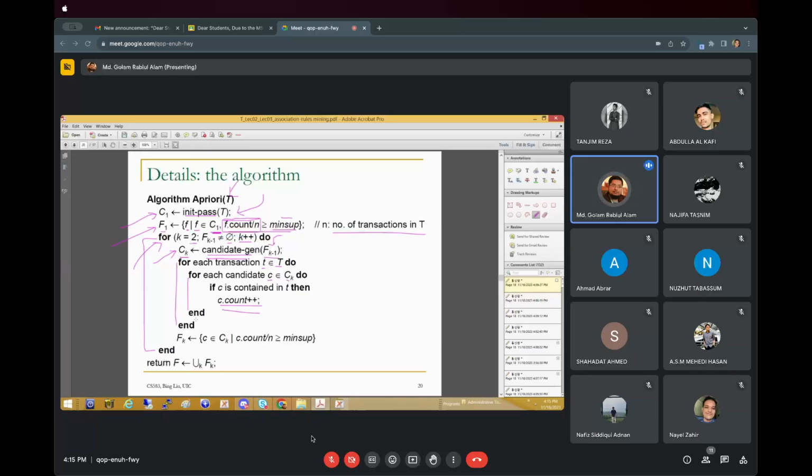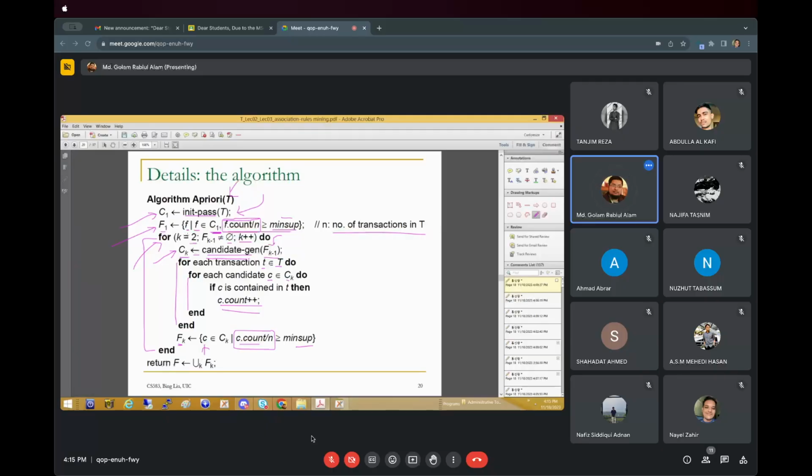And now after that, what we have to do here is Fk. If we say k equal 2, then it will be F2. And in this F2 goes the candidate set, whatever we generate, if the C count by n, which is again our support count, is greater than the minimum support, then we add it to our frequent item set of k items.